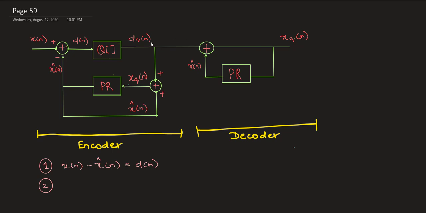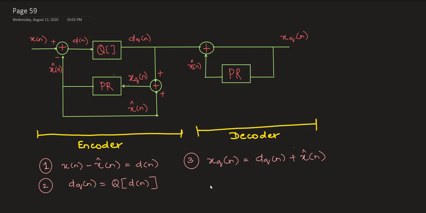So my x hat of n is not the quantized one that comes out of the predictor block. We are allowed to use certain inputs to the predictor, so the output comes out as x hat of n, and when I add my x hat of n to my dq of n, I get my xq of n. So this is the fourth equation that I'm having.